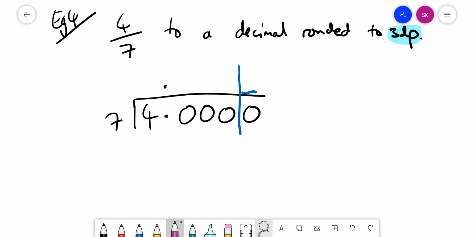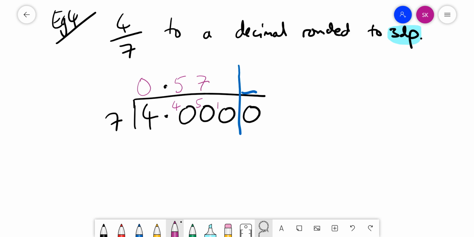So 7 into 4 goes 0 times, the remainder of 4. 7 into 40, closest I can get is 35, so that's 5 times. There's a remainder of 5 from 35 to 40. 7 into 50 goes 7 times, because 7 times 7 is 49.